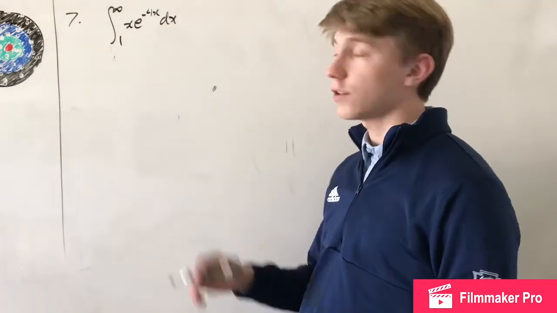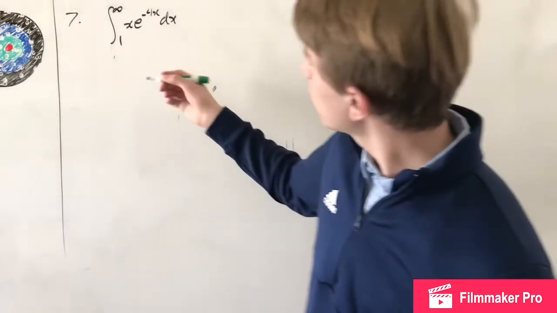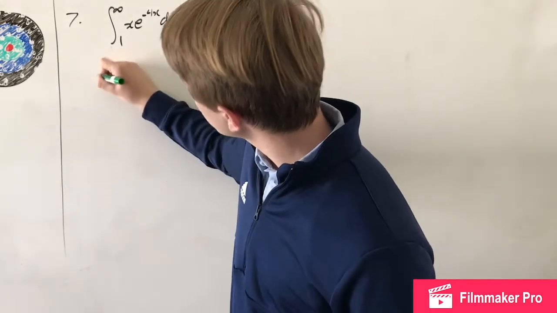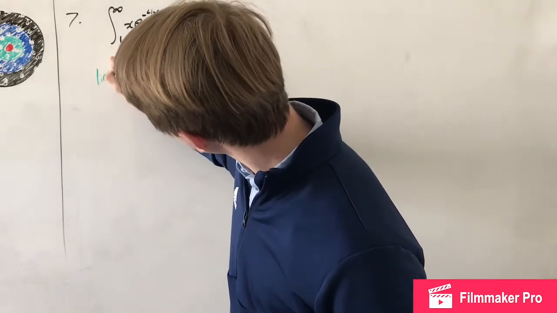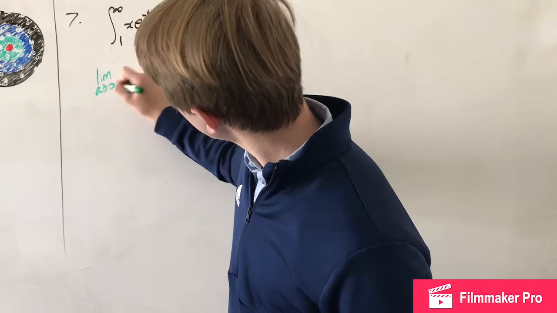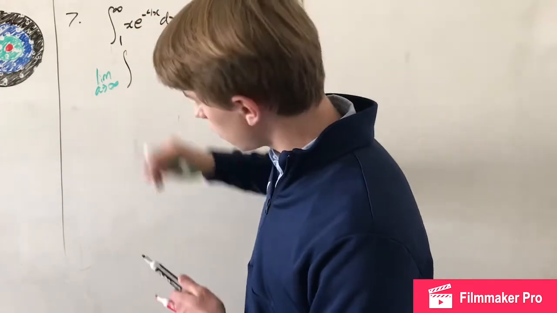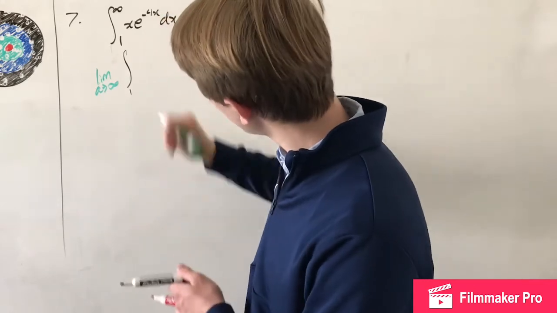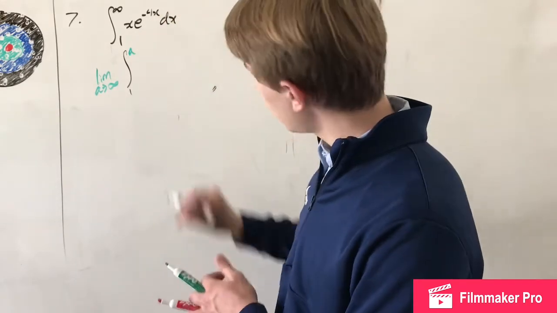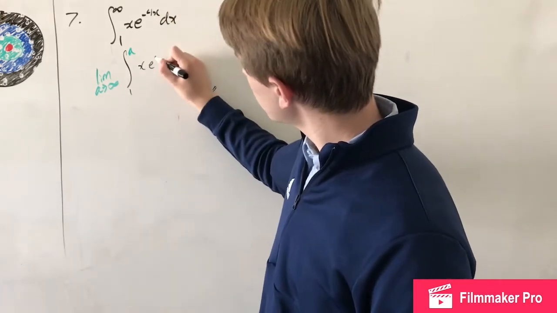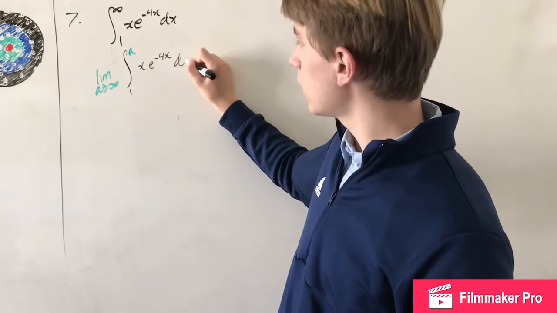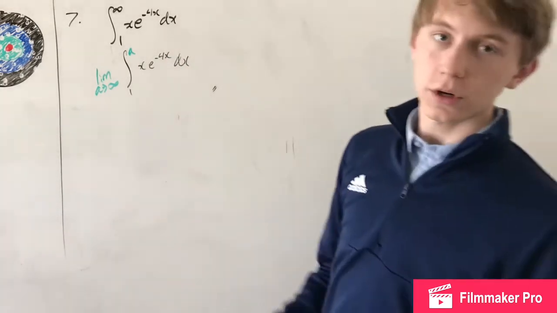Okay, so just like on the last problem, we want to write this as a limit because we're not barbarians. So limit a approaches infinity of the integral from 1 to a of x e to the negative 4x dx. So we definitely want to do this by parts.